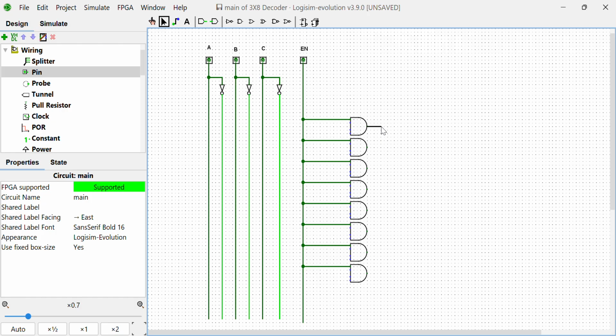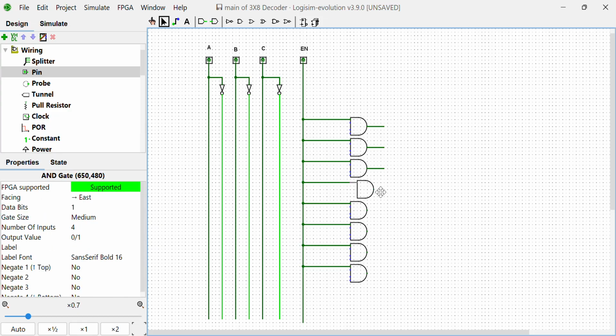After we draw our output line, that's what we are doing. We're drawing our output line. And then our output line.